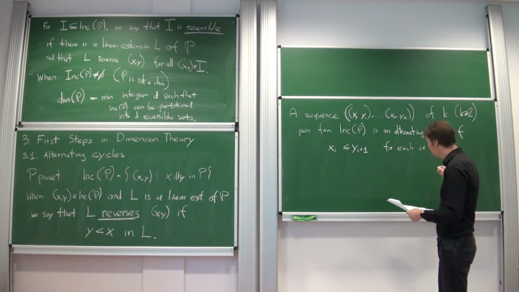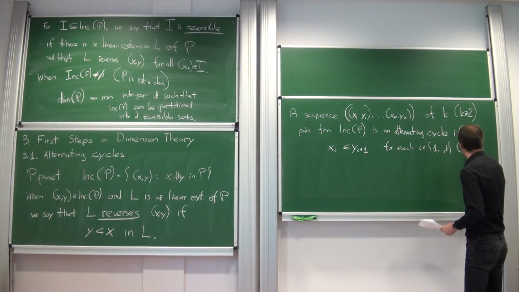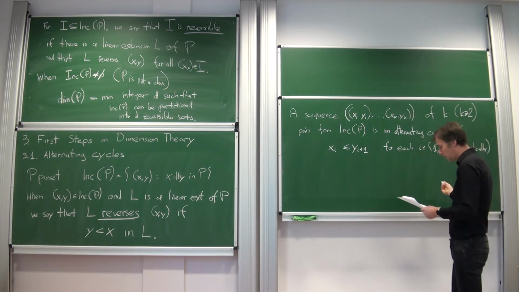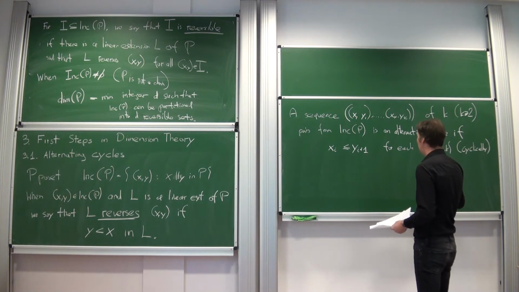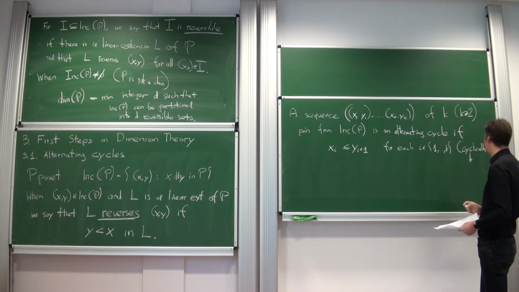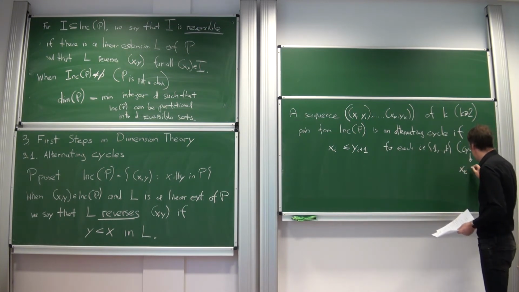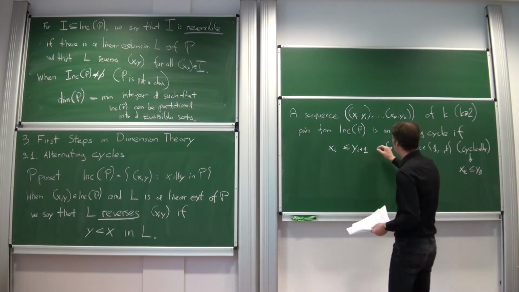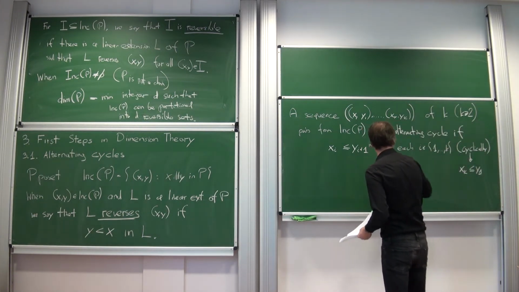So k plus 1 coincides with 1, so literally it means that xk is less or equal than y1. And this is obviously in P, right?